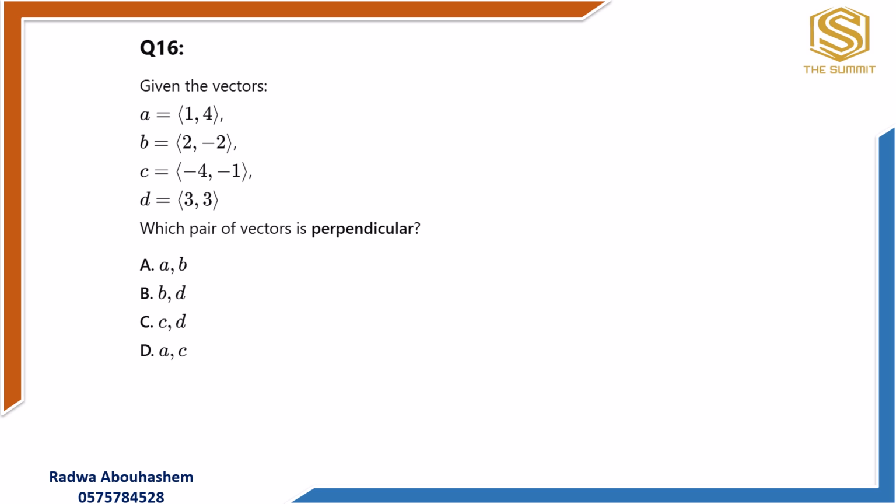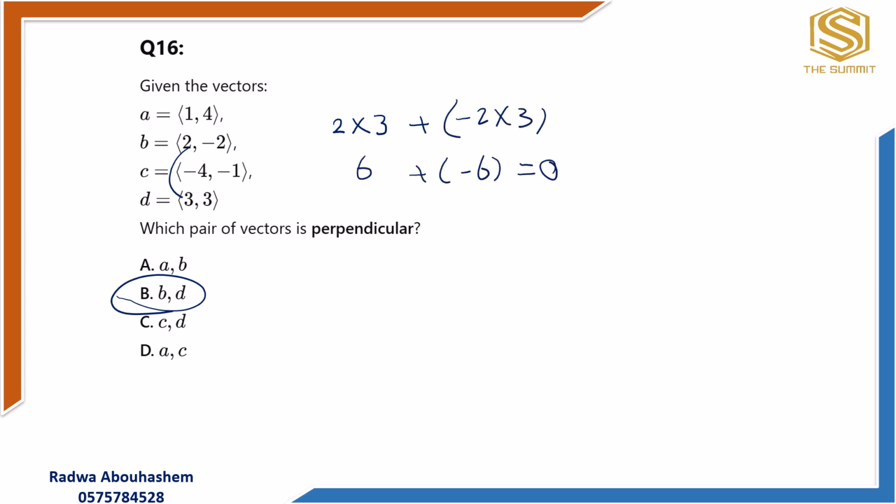So B and D, let's see: 2 times 3 is 6, and negative 2 times 3 is negative 6. If I add them, it gives me 0. Yes, so B and D. Here again for you, 2 times 3 plus negative 2 times 3, so 6 plus negative 6 gives me 0.